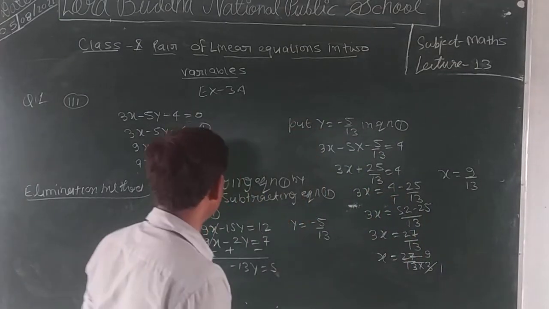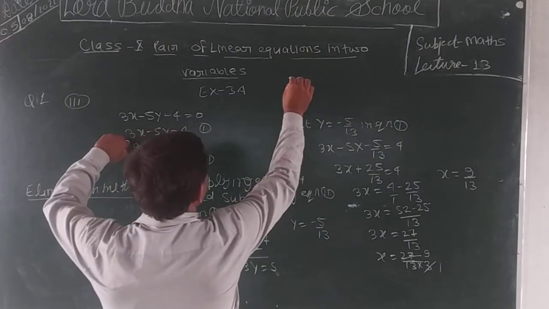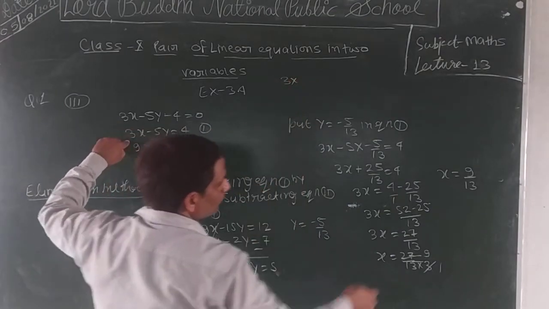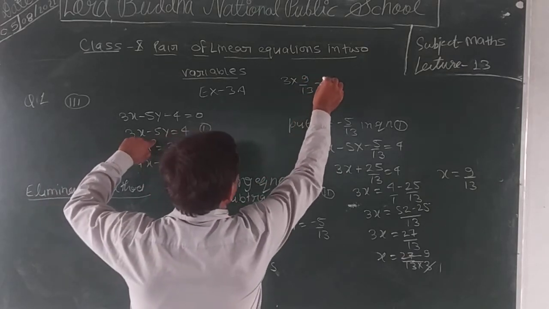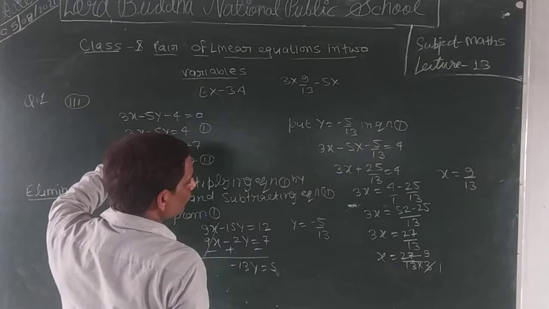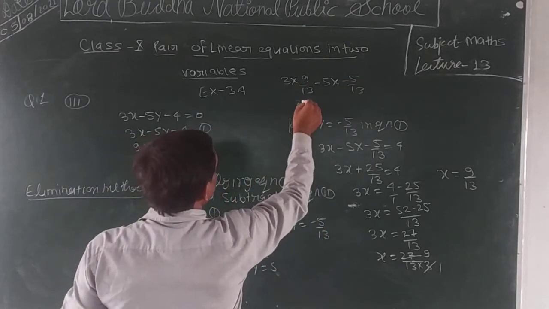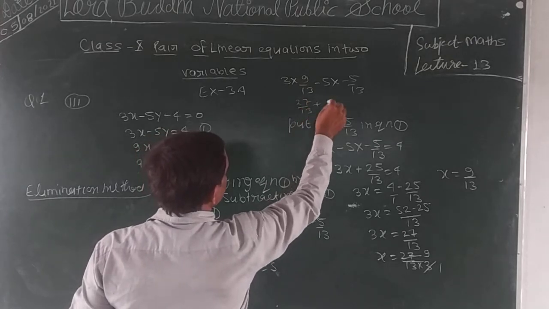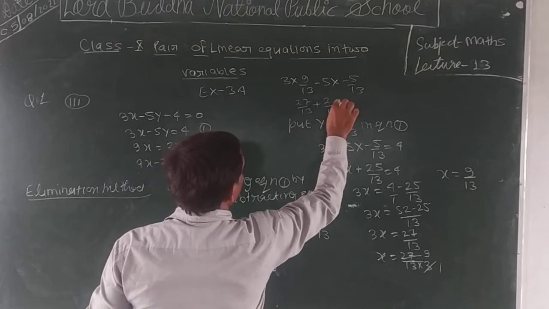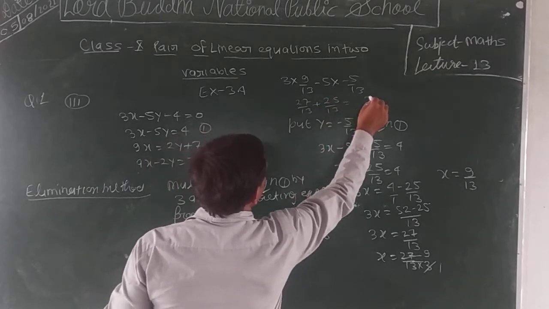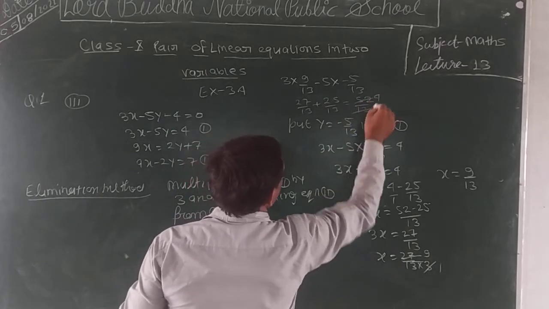Now for verification, we put the value of x and y in equation first. 3 into 9 upon 13 minus 5 into minus 5 upon 13. That is 27 upon 13 plus 25 upon 13, which is 52 upon 13. 13 fours are 52.